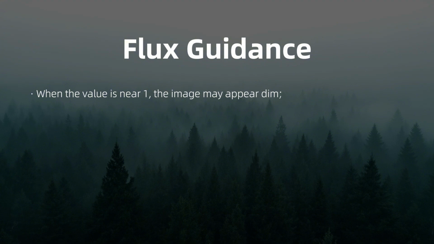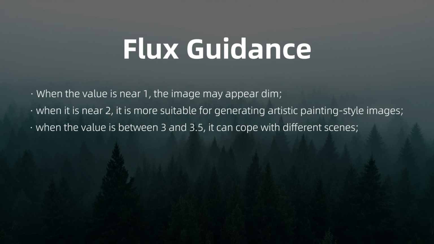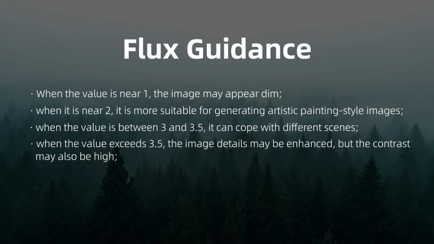When the value is near 1, the image may appear dim. When it is near 2, it is more suitable for generating artistic painting-style images. Generally, you can choose a value between 3 and 3.5 to handle different scenarios. When the value exceeds 3.5, the image details may be enhanced, but the contrast may also be high.